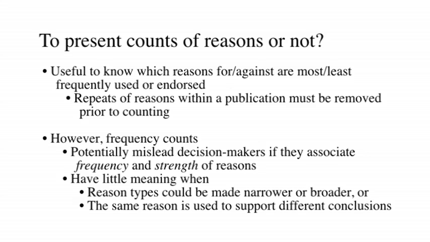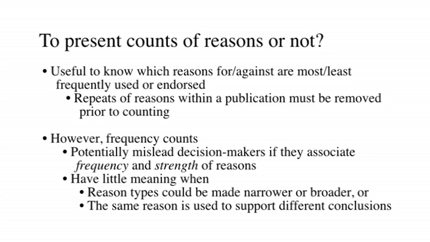So if this frequency data is to be included, the number of times a type of reason occurs in the literature should be counted only when repeats of the reason within the publication have been removed. We address the tricky question of what to count as a repeated reason in our paper.